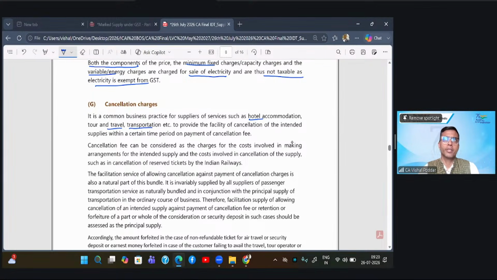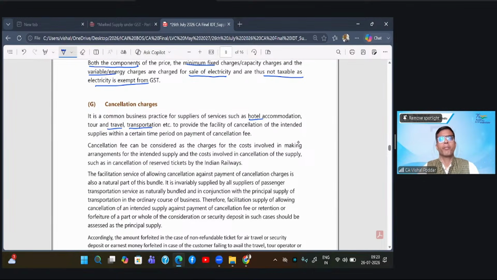The flight ticket says that if you cancel before 24 hours, I'll pay this much refund. If you cancel before 5 hours, I'll pay this much refund, and so on. And this is again in many of the cases. So either there is some partial amount which is refunded, or maybe nothing is refunded, entire amount is forfeited.